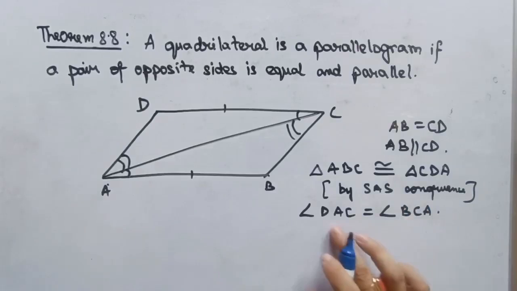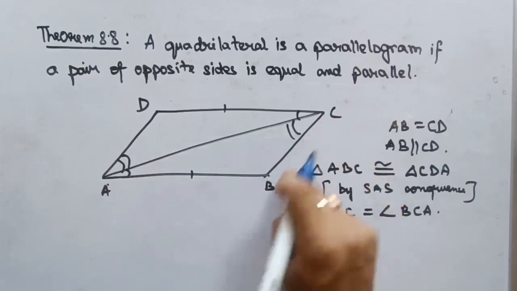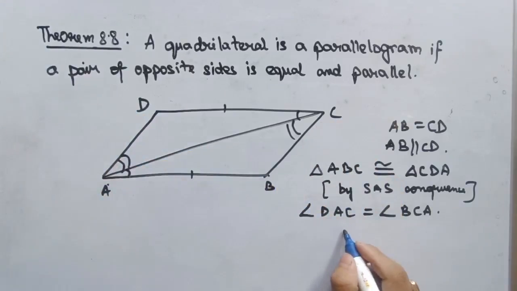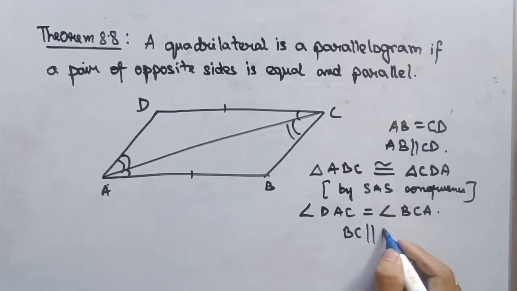Since these two angles are equal, line BC is parallel to line AD.